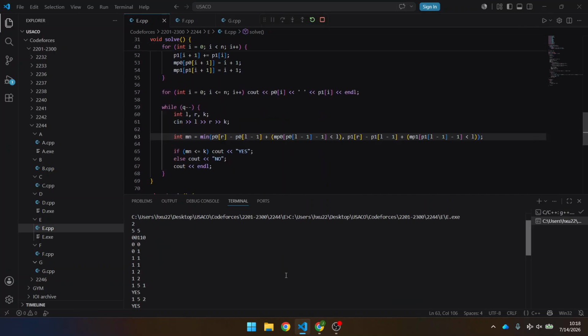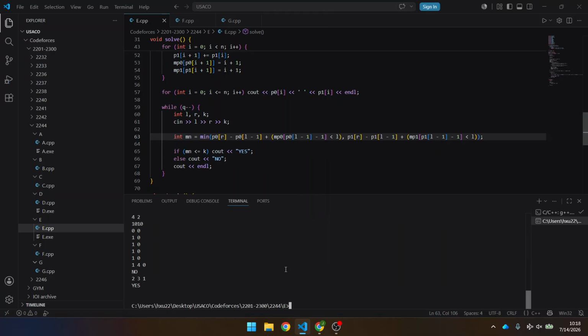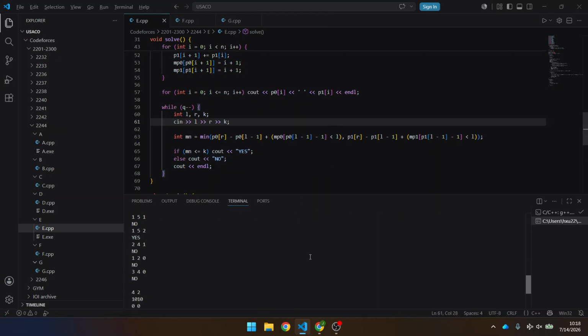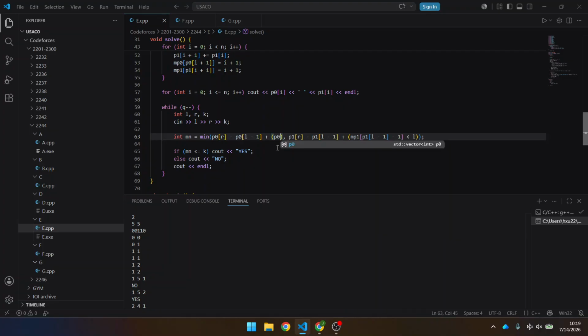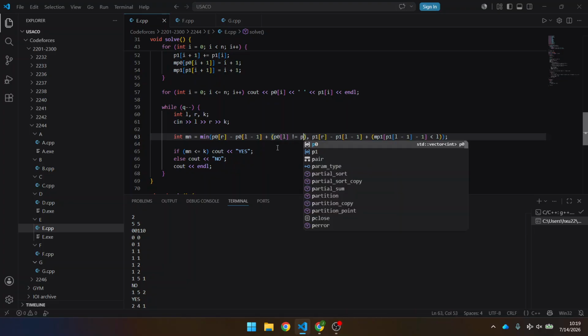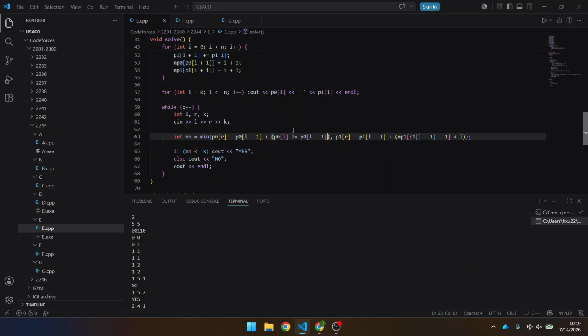Basically, I don't even need to map it. Plus p0 l not equal to p0 l minus 1.